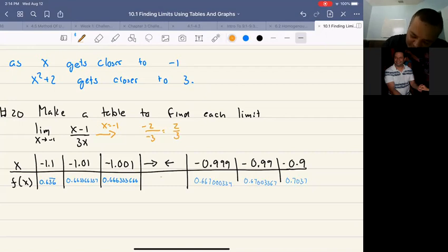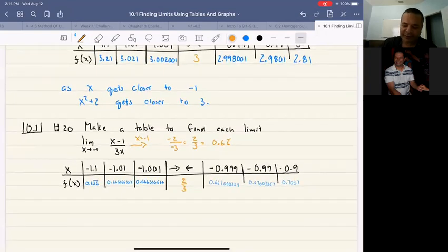If you think about it, 2/3 is 0.67 or 0.66 repeating, which looks very similar to the limit here. So there is a relationship between the two.